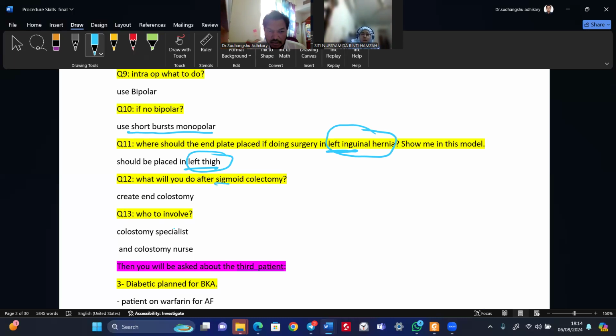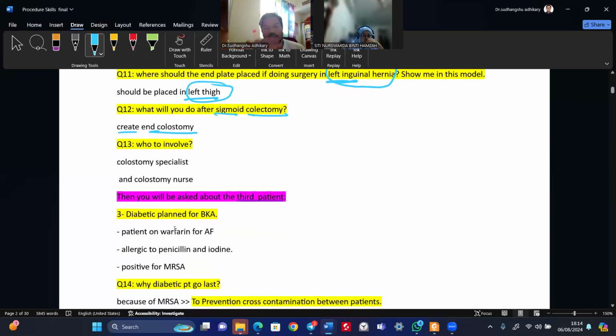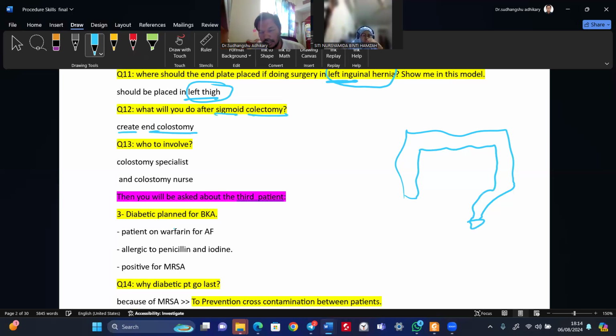What will you do after sigmoid colectomy? We create an end colostomy. In sigmoid colectomy, the sigmoid colon is removed. This is ascending, transverse, descending, sigmoid. From here, we remove the sigmoid.